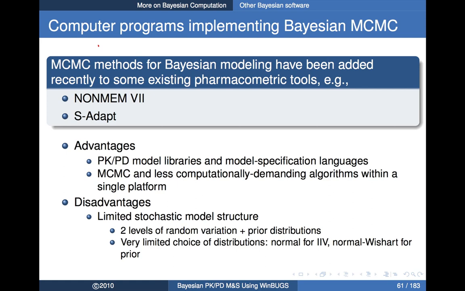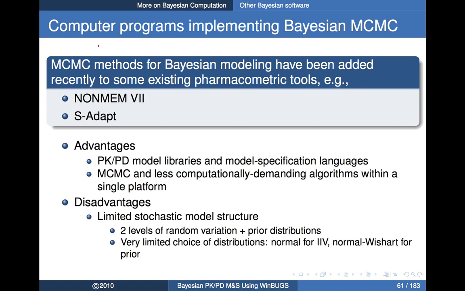So it's actually got a fairly decent MCMC algorithm in it. And in fact, maybe at some point later on in the course, I'll show you a comparison of some results using both NONMEM and WinBUGS.